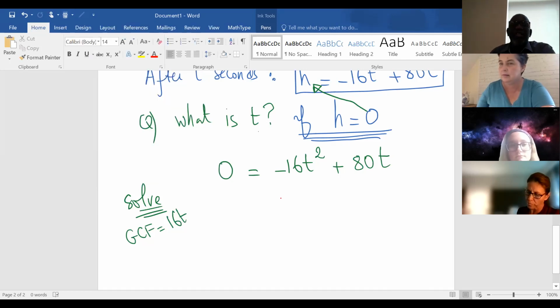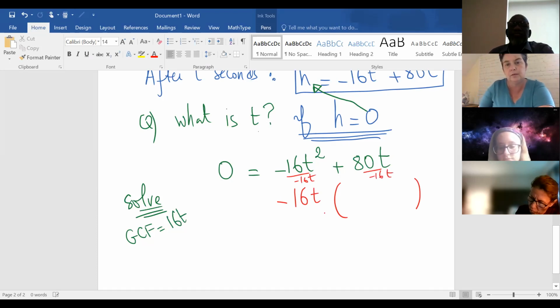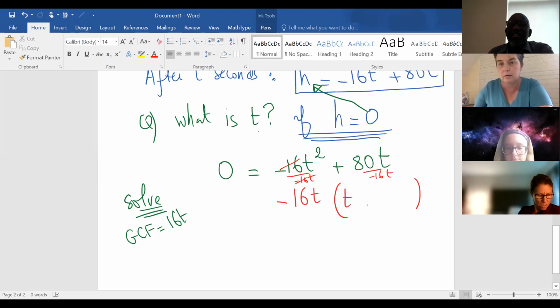So factoring negative 16t, we get negative 16t, parentheses, again negative 16t divided by negative 16t. These two cancel out, and we get t here, and the plus divided by the minus is a minus here. How much is 80 divided by 16?